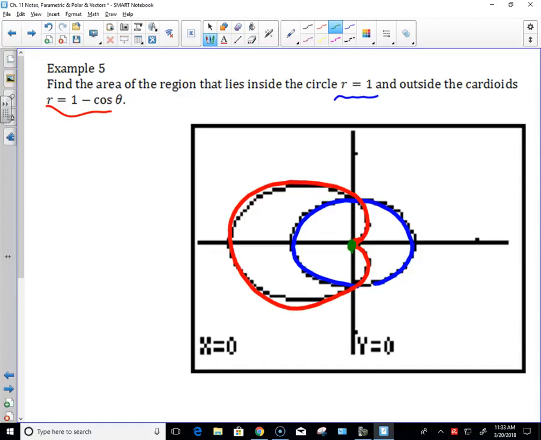Why do I have to consider the cardioid at all, right? Isn't it just going to the circle, going to the circle? Do you see where I'd start to have problems? There's cardioid in the way. I can't just go to the circle because there's cardioid in the way. So I'm not just going to go to the circle.